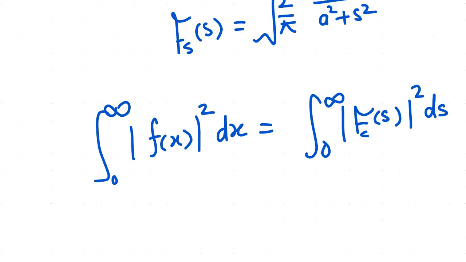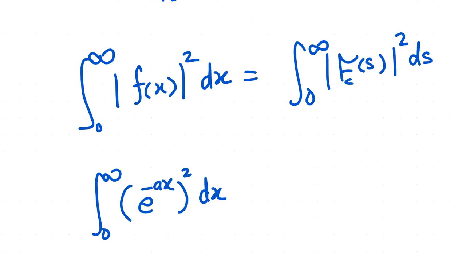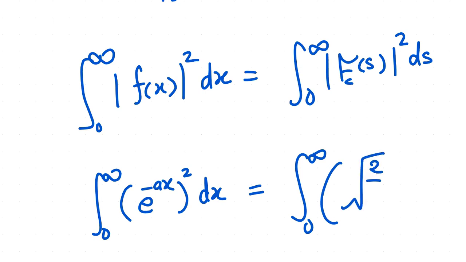So now let us put the value of each. On the left, integration from 0 to infinity of e to the power minus ax whole square dx, and on the right side, limit 0 to infinity, and let us put the value of this transformation, which is square root of 2 by pi, a upon a square plus s square, into ds.